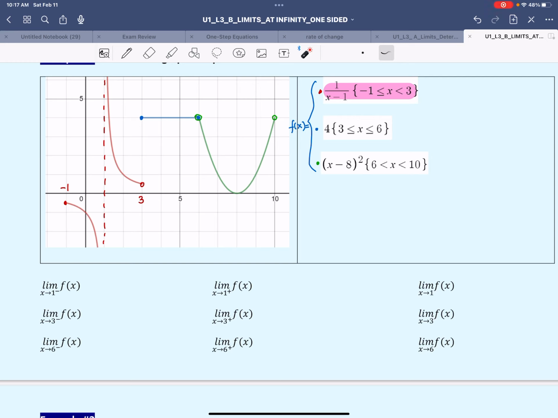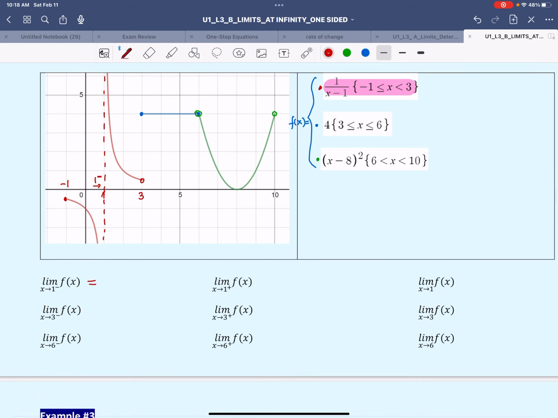So if we approach number 1, which is right here, from the left-hand side first, so 1 minus, we notice that as we get closer to 1 from the left-hand side, the values of y are getting closer to negative infinity. So we'll say that the value of this one-sided limit is negative infinity.